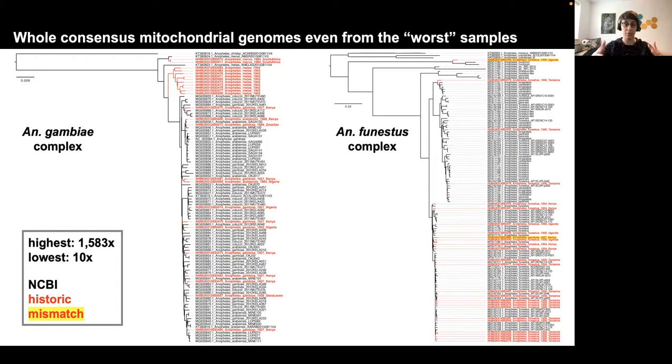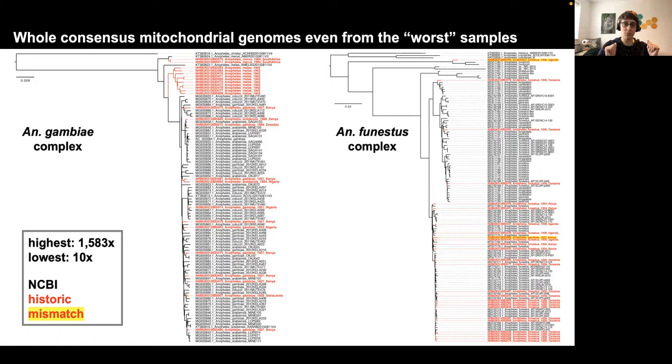So even our worst sample had a mitochondrial coverage of 10x. Our best mitochondrial coverage was 1,583x. It's slightly excessive.